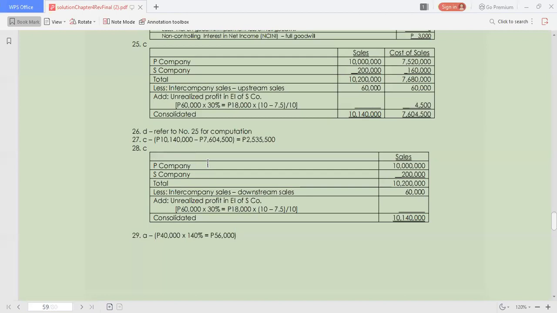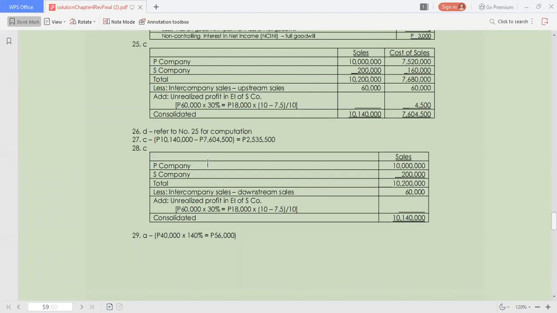And number 28, assume the same information except Shannon sold inventory to Patty. Compute consolidated sales. So in this case, we have an upstream sale, the fact that Shannon is the one selling inventory. So we have now P Company 10 million, and then S Company 200,000, and we have now the intercompany sales.